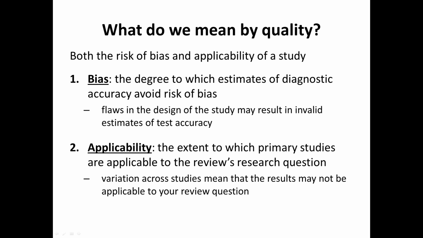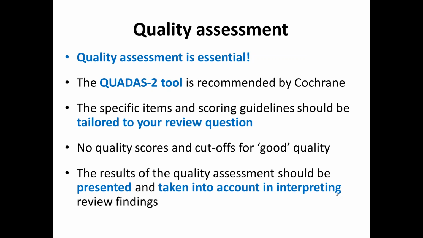So we separate these out, and we use a tool called QUADAS-2. This is a tool which we've developed specifically for assessing quality of diagnostic accuracy studies in systematic reviews. The tool has a lot of generic parts to it, but there are options to help you tailor it to your review question.